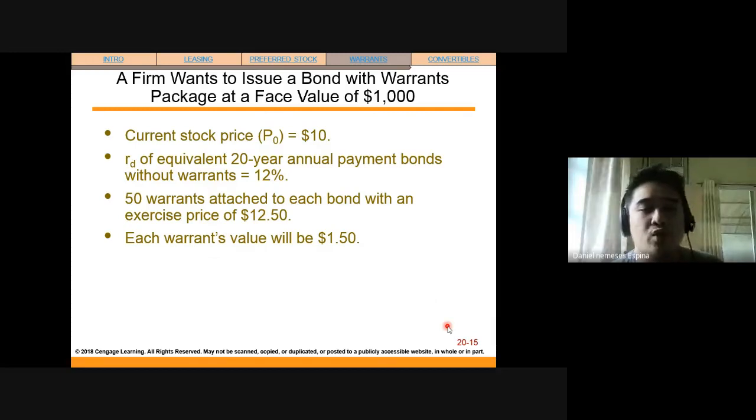12%. So if there are no warrants, the discount rate or the interest rate that you give to the bondholders is 12%.